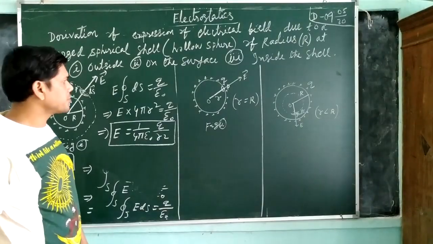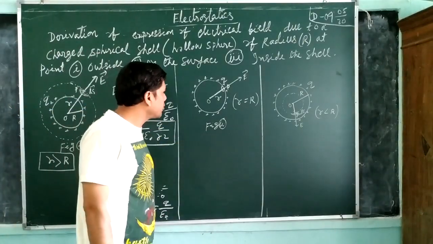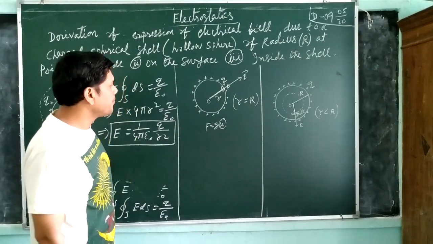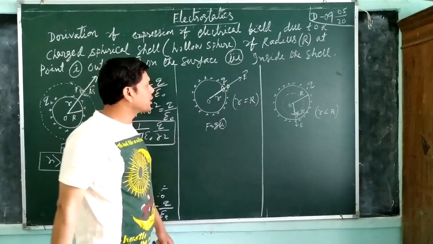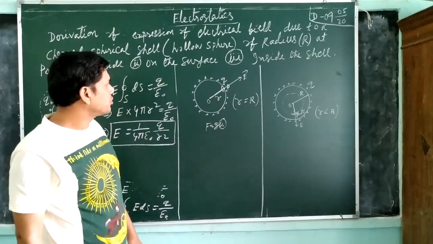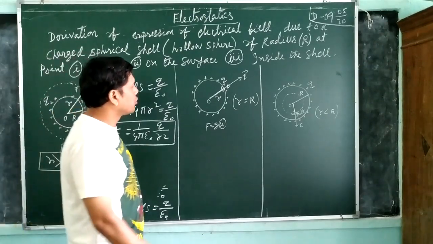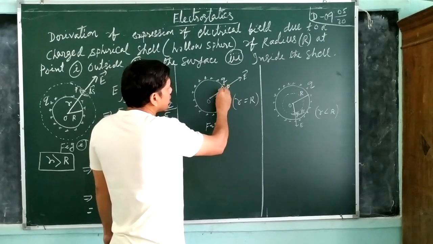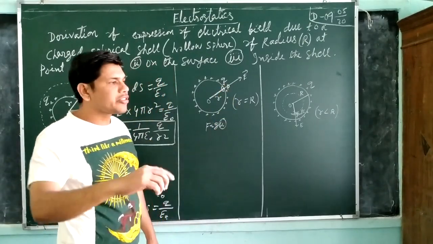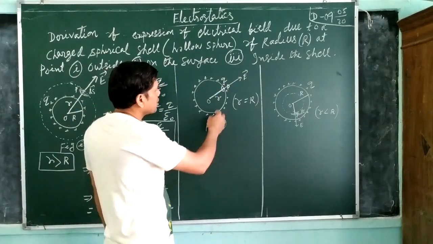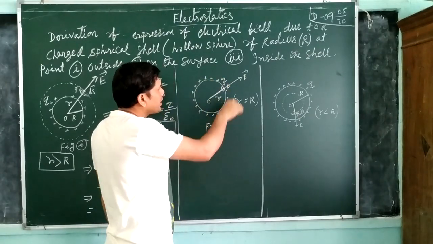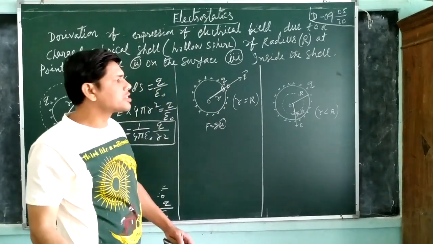Now, in the second case, this is the figure for the second case. Here we have to find the electric field due to a charged spherical shell on its surface. So we have considered that point P is lying on the surface. It means here the Gaussian surface and the spherical shell surface are the same.